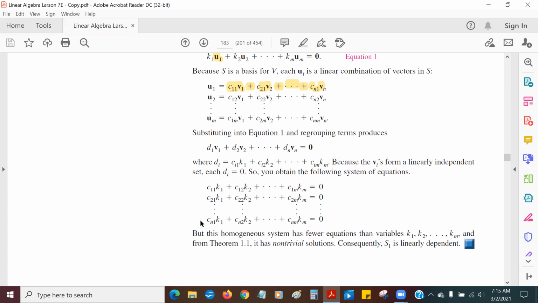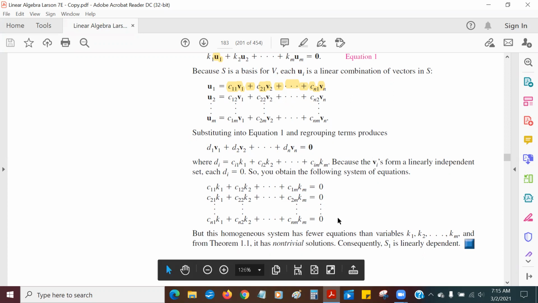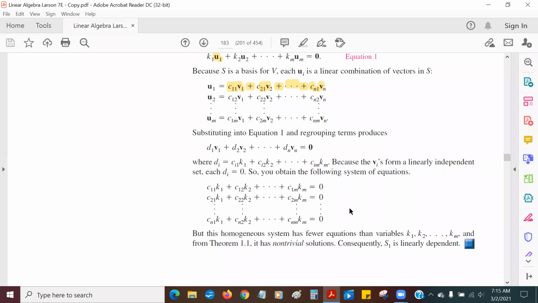And everyone knows that if you have a homogeneous system with more variables than equations, we learned way back that this is always going to have non-trivial solutions. Whenever we have a homogeneous system of equations with more variables than equations, there will be non-trivial solutions.